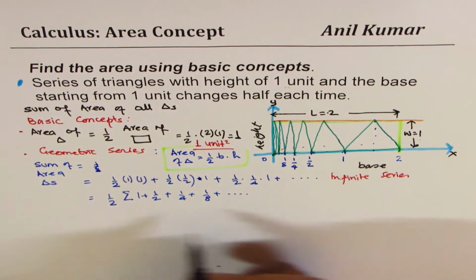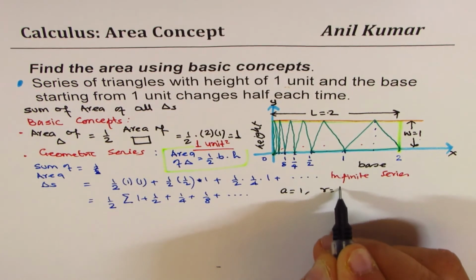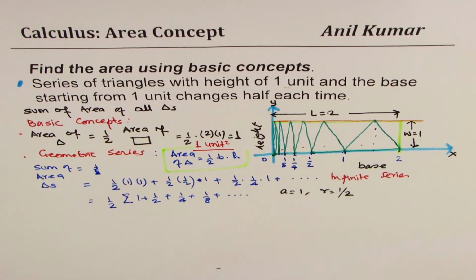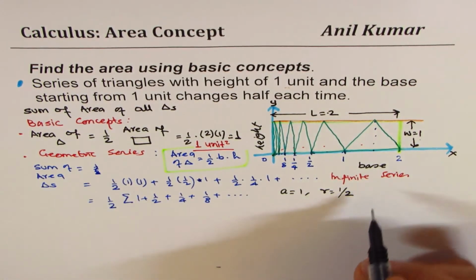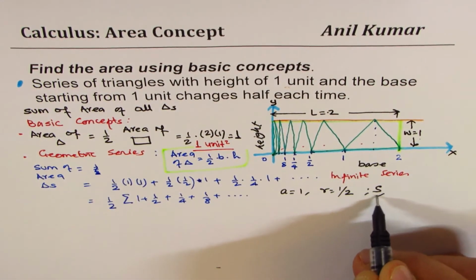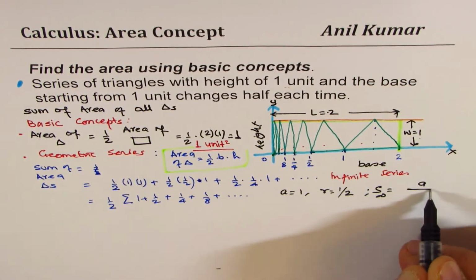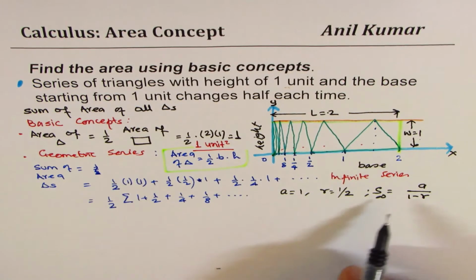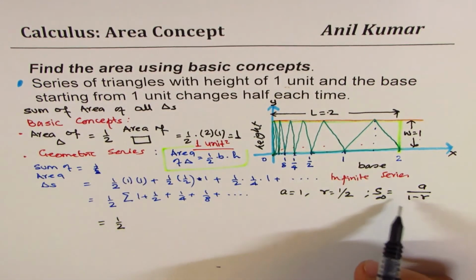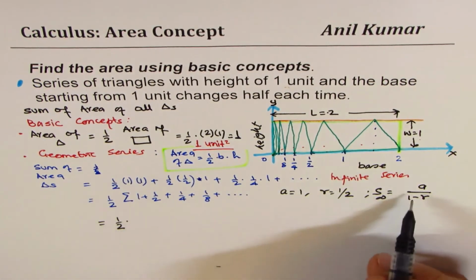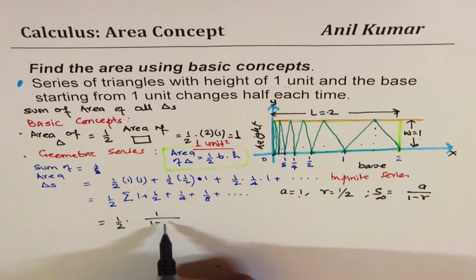In this series, as you notice, value of a is equal to 1, r is equal to half, correct? And sum of a geometric series, infinite series, is what? Sum of infinite geometric series is a over 1 minus r, correct? So we'll use this formula, and therefore we can say it is half of, a is equal to 1, so 1 over 1 minus r, which is 1 minus half.